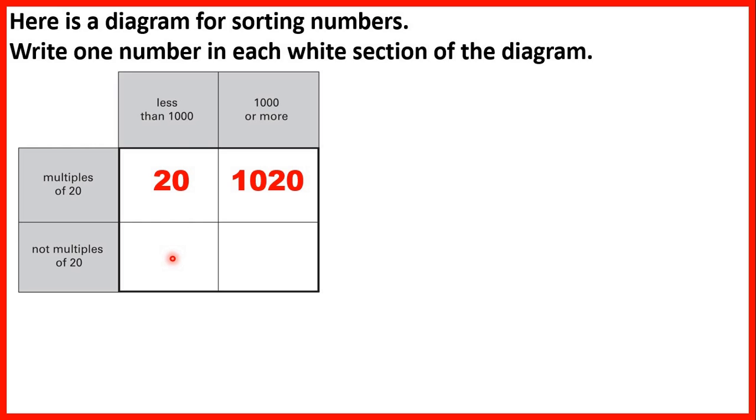Now we need a number less than 1000 that is not a multiple of 20. Again, there are lots of possible answers, but we could have the number 1. And now a number that's not a multiple of 20, but is 1000 or more, we could have 1001.